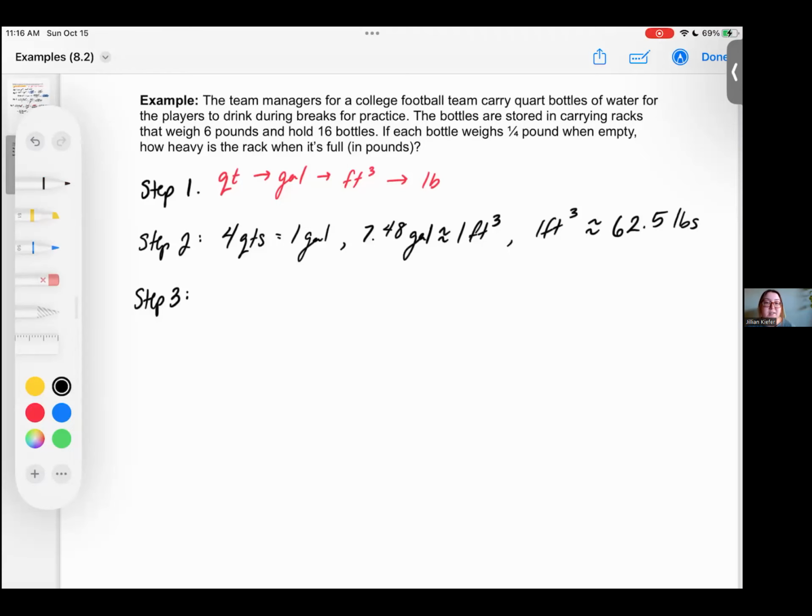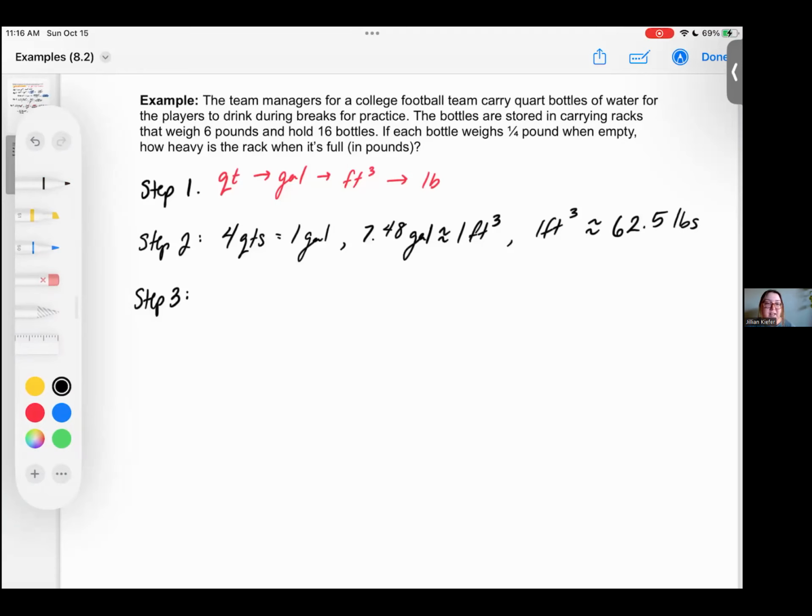So we would have one single quart because that's how much the bottles hold, 1 quart of water. We want to measure the water first, then we'll take into consideration the weight of the racks and how much the bottle weighs themselves, because those are already in pounds, but we need to bring the water into pounds. So we're just focusing on the water in the bottles first.